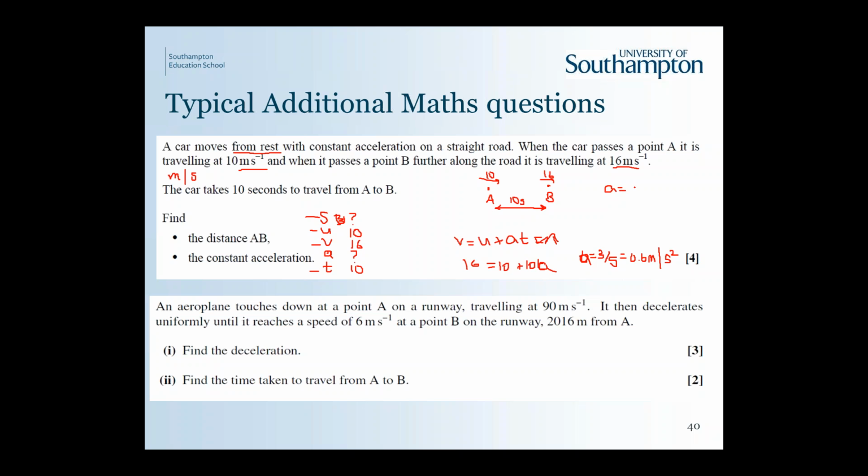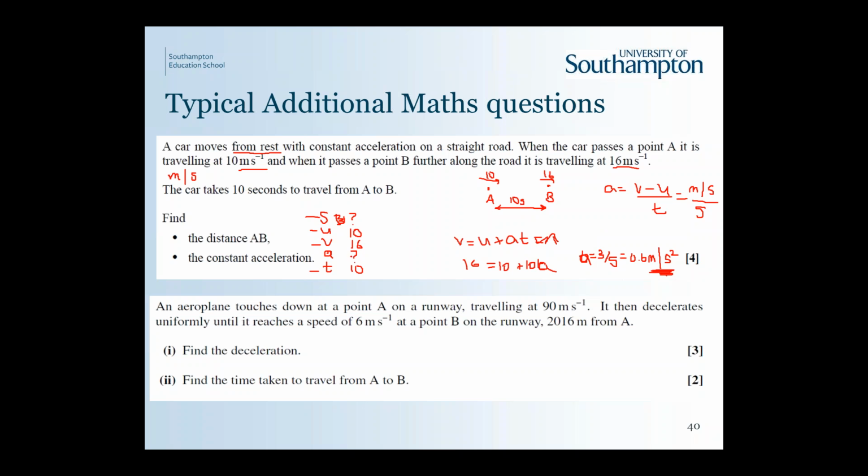If I change this around, I could do v minus u over t. So that is the change in velocity over time. Velocity is measured in meters per second, and it's over time, so it's per second. So it's meters per second per second, or we could call that meters per second squared. I don't think they come down on the units very hard in GCSE, but you know, they should know.